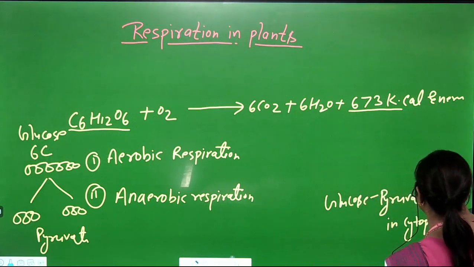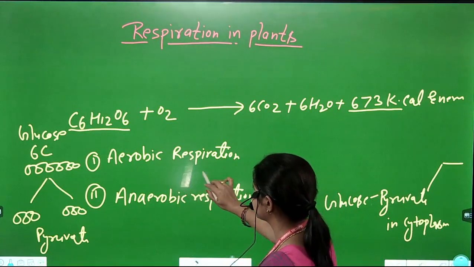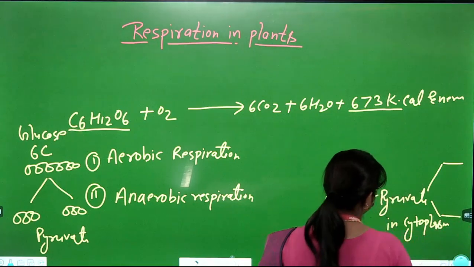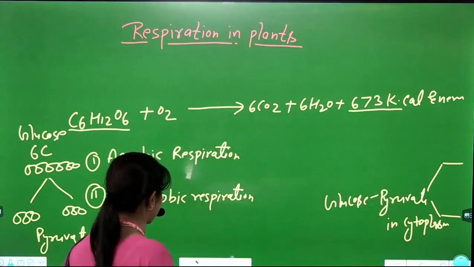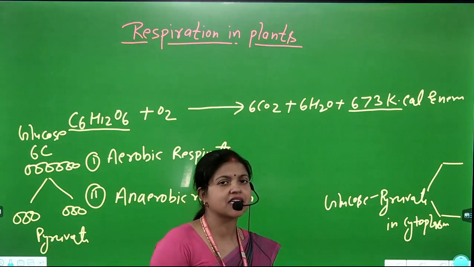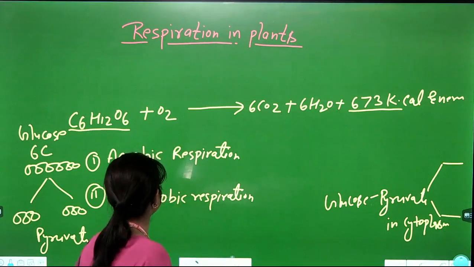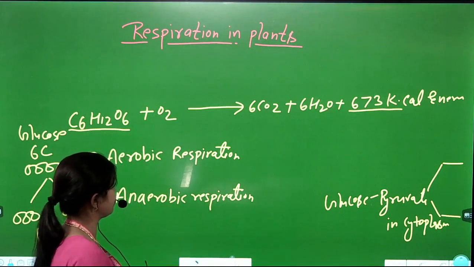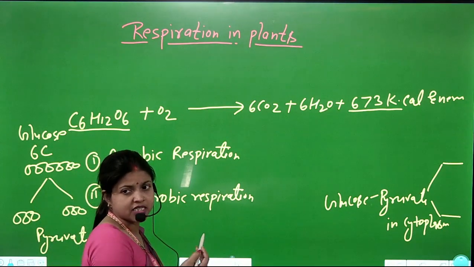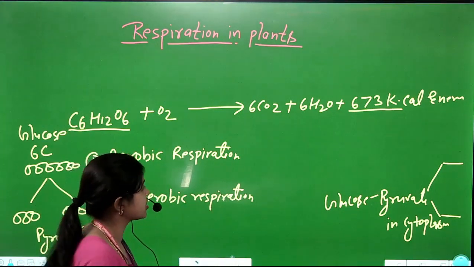Then, if oxygen is present, they form ATP, that is called aerobic respiration. And if oxygen is absent, they form ethyl alcohol, carbon dioxide and a small amount of energy. That process is known as anaerobic respiration. Now we will discuss the differences between aerobic and anaerobic respiration.